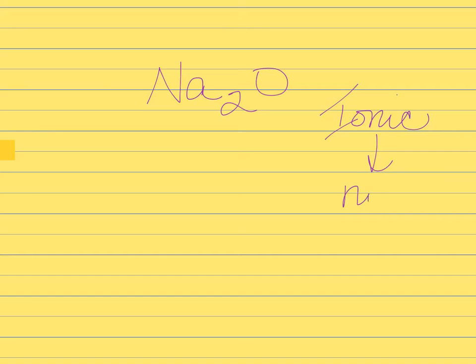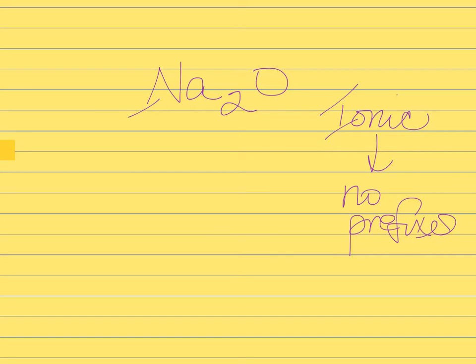The second problem was a formula, Na2O, and you were supposed to come up with a name. So again, that happens to be ionic. That should be the first question you always ask yourself. And if it's an ionic compound, the most important thing you need to remember is don't use any prefixes when naming it.